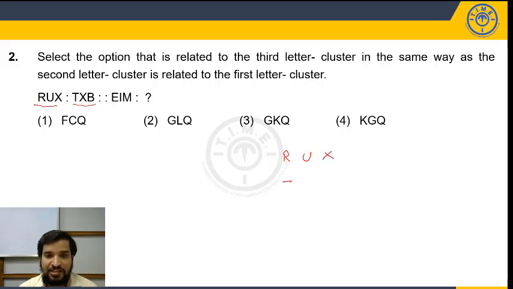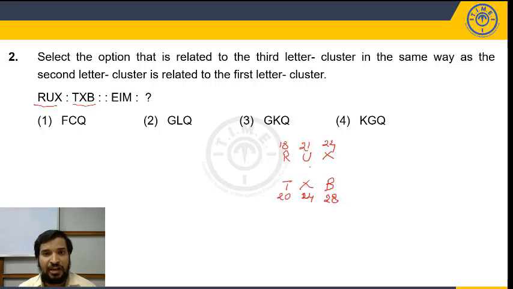The second letter cluster is TXB. First we'll write down the place values. R place value is 18, U is 21, X is 24, and T is 20, X is 24, and B is 2, or else we can express it as 28 also.